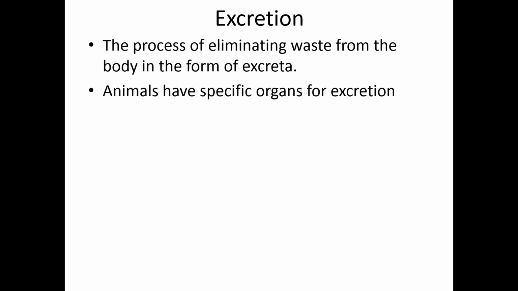Whichever living organism it may be, any type of animal or any type of plant, every living organism needs to remove the waste products that are formed after the digestion of the food. So the process of eliminating waste from the body in the form of excreta is called excretion. The waste that comes out of the body is called excreta.